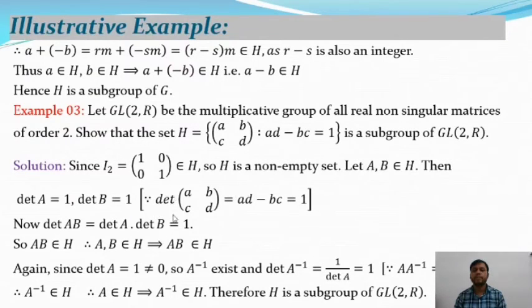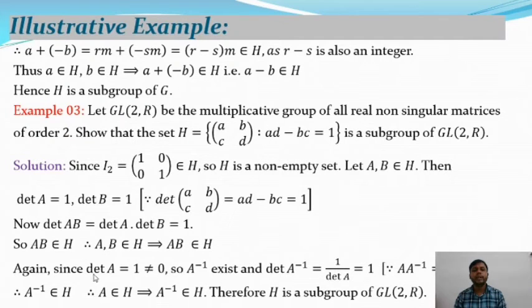This is given. Now, from the properties of the determinant function, det(AB) is equal to det A into det B, where det A is equal to 1 as well as det B is equal to 1. So det of AB is equal to 1. So AB belongs to H.